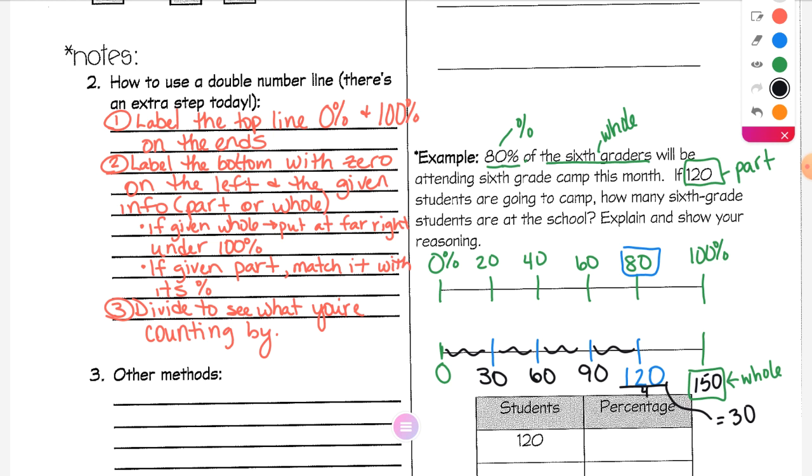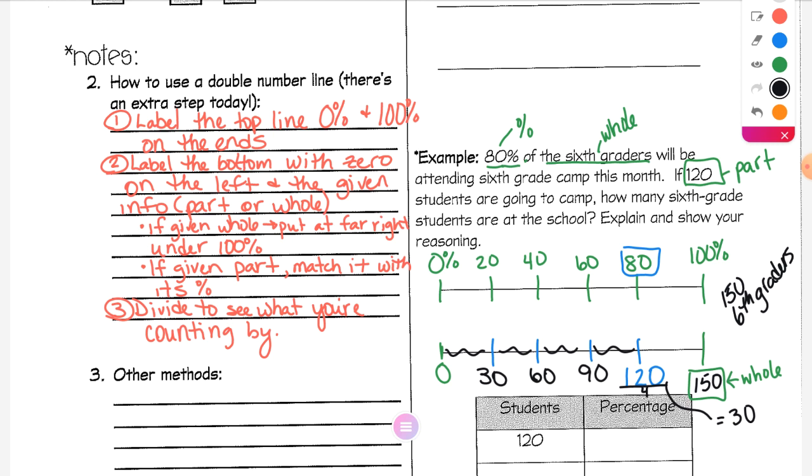Now, from this, how many 6th graders are there? There are 150 6th graders. I'm going to write that here. But I could also say, what is 60% of the 6th grade? 90 students.